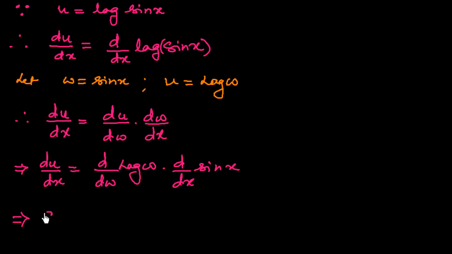Implies that du over dx: the differentiation of log w with respect to w is 1 over w, and the differentiation of sin x is cos x.